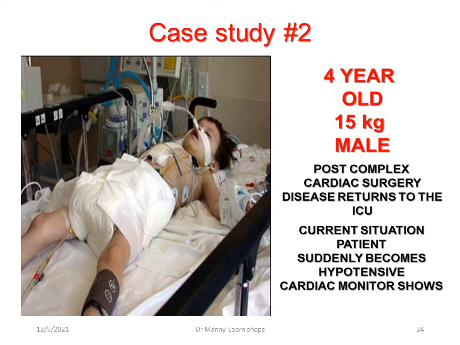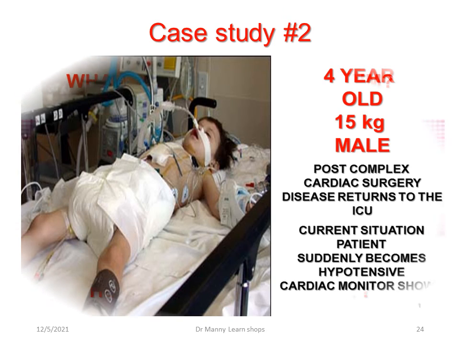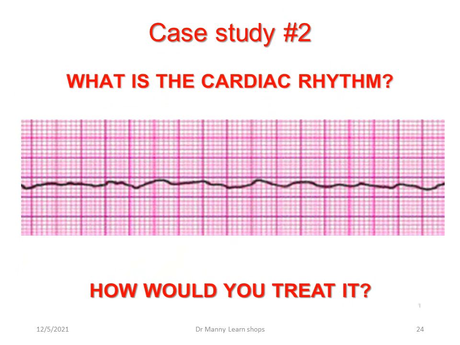Then we have a 4-year-old 15 kilogram male following post-complex cardiac surgery. He's got heart disease and he returns to the ICU. His current situation is that he suddenly becomes hypotensive and the cardiac monitor shows the following rhythm. What's the cardiac rhythm and how would you treat it?